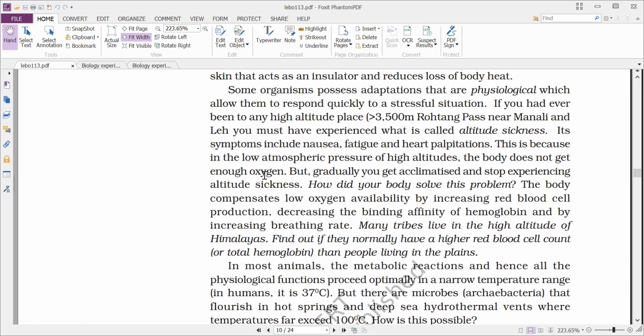So by increasing red blood cell production, decreasing the binding affinity of hemoglobin, and increasing the breathing rate, the heart palpitations and breathing rate are increased so that they can take in more oxygen.